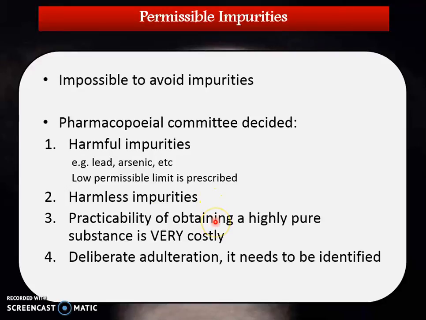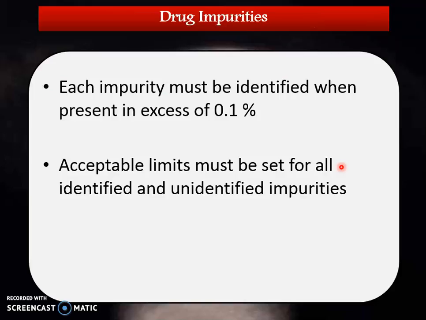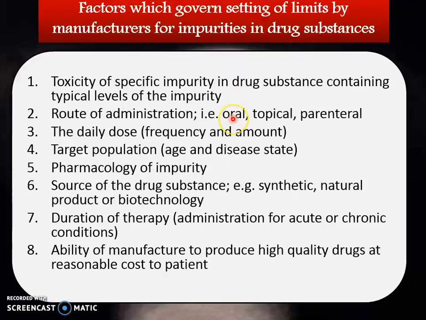But also we need to consider if it is very costly to obtain a highly pure substance. This high or low limit we will be discussing in class. So impurities that are present in excess of 0.1 should be really low.